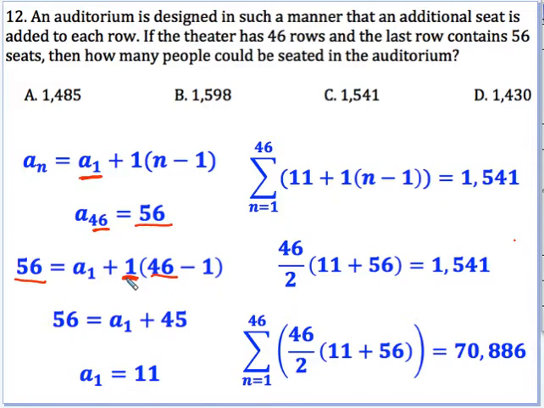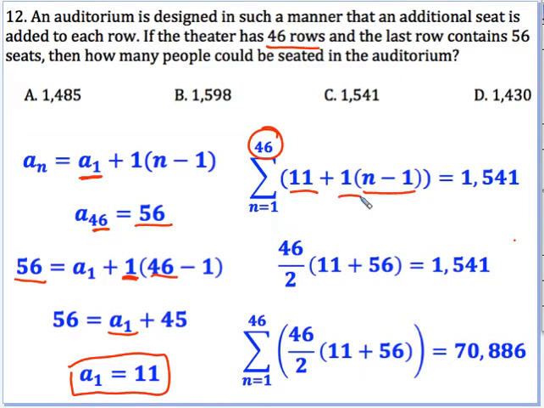I combine like terms, subtract, solve for A1, and I find out that A1 equals 11. Okay, so now I need to put this in sigma notation. So 46 is going to be my number up top because that's how many rows I have, and 11 is the first term, so I put 11 first, and then n minus 1 and 1 there.